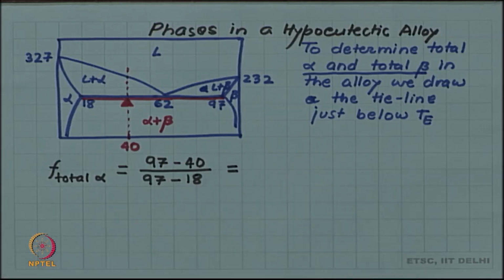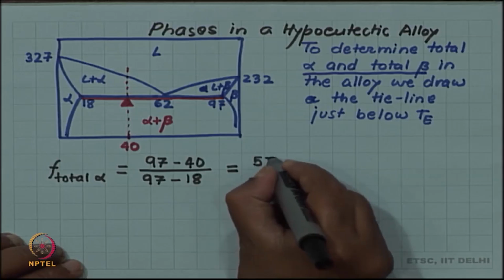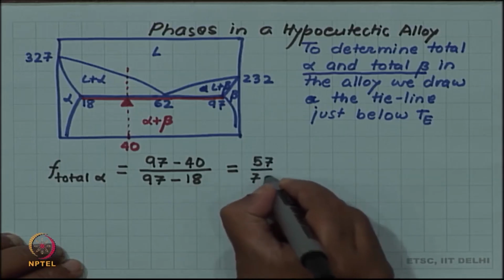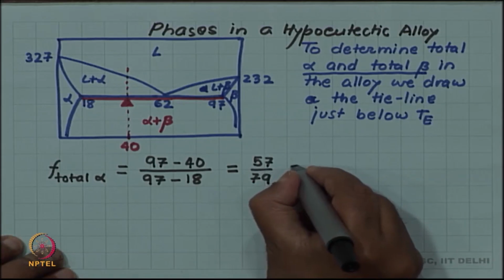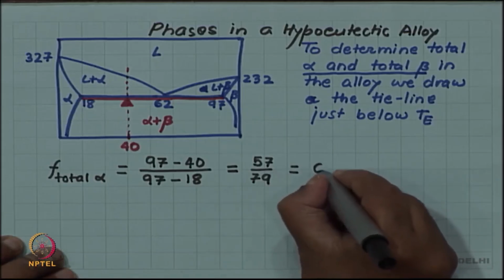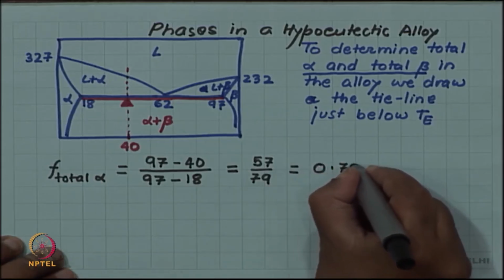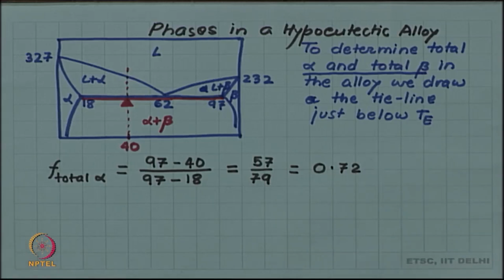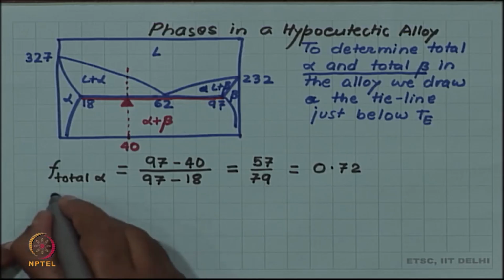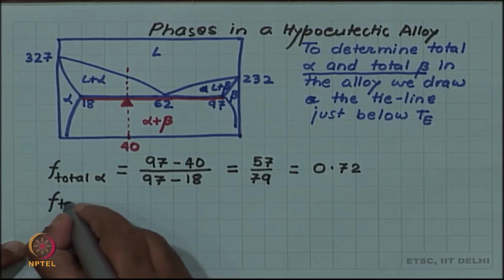So, this gives you 57 by 79, which is about 0.72. So, 72% of the total alloy is in alpha form.